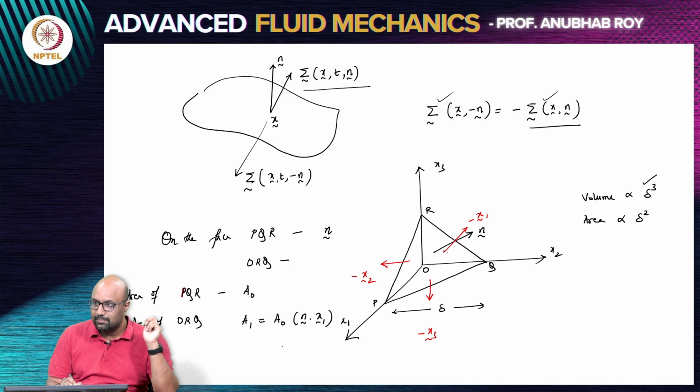If you think of this as the area vector, you are projecting it along the x1 axis. Similarly, the area of OPQ, which I call A3, is A naught n dot x3.